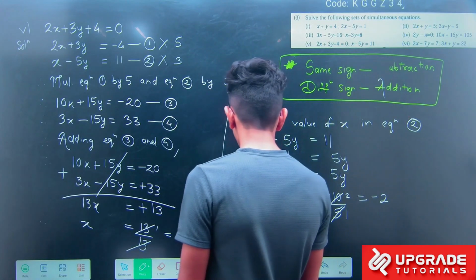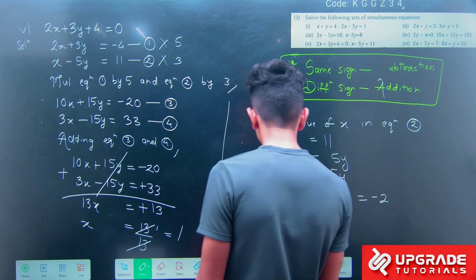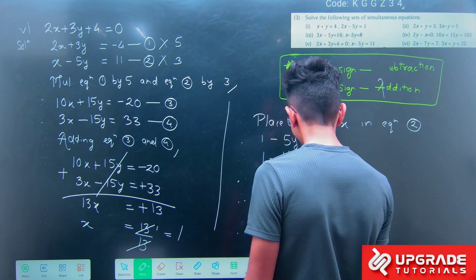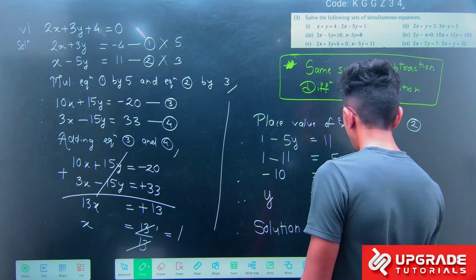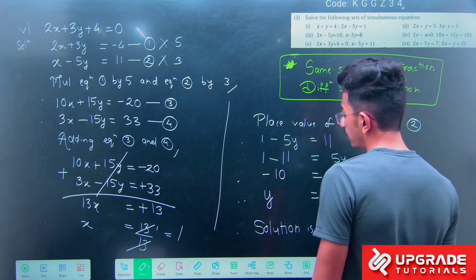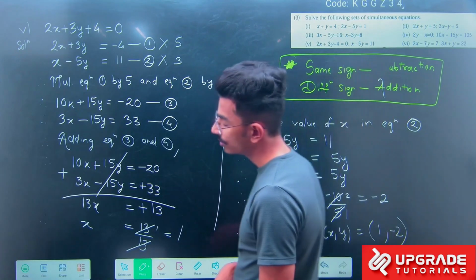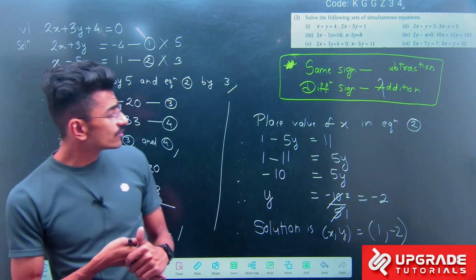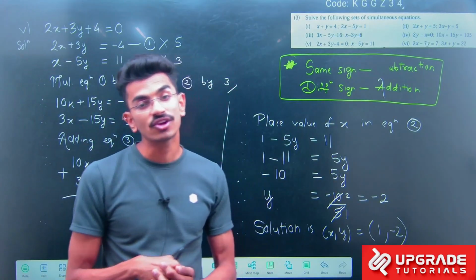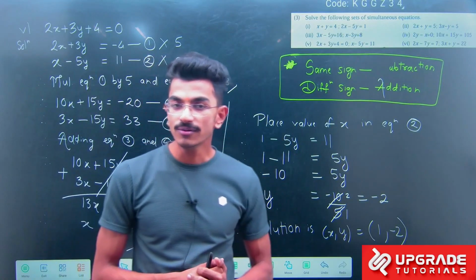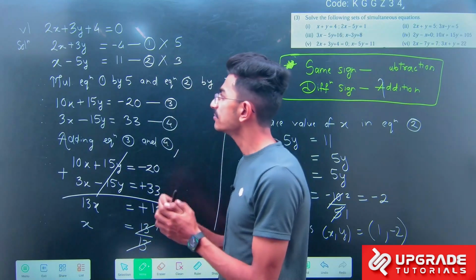Therefore our solution is (x, y). What is the value of x? 1. What is the value of y? Minus 2. I'll tell you one trick to check if our solution is correct or not. Once you get the values of x and y, put them in any one equation.